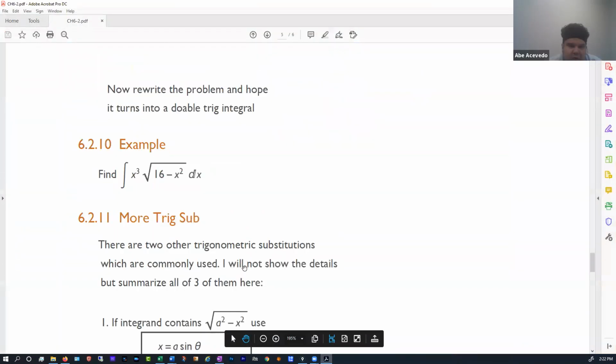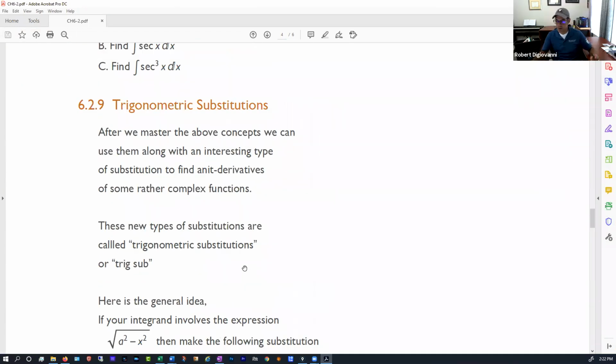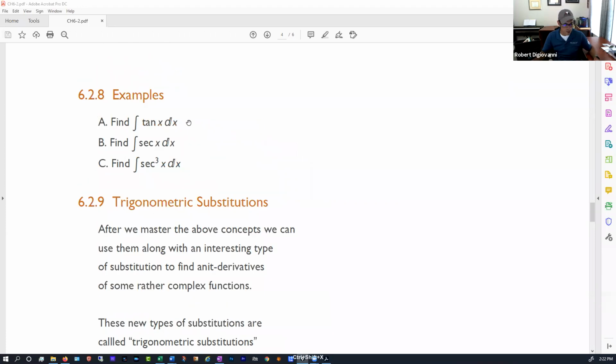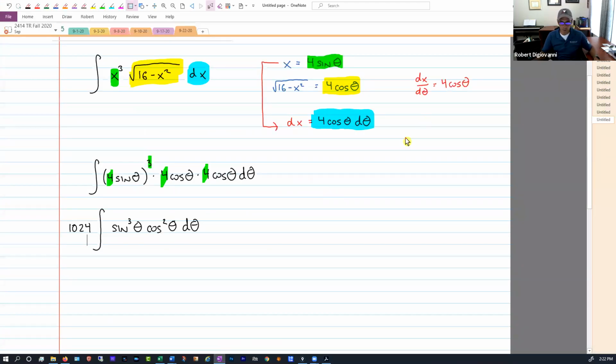There's a rule that we went over last class, no? That's right. So remember, I pointed this out. After we master the above concepts, we're ready for trig substitution, which now we're trying, a trig substitution problem. So now we've got this thing in here. We've got sines and cosines mixed up together. So I've got to maybe go back and look at my formula sheet.